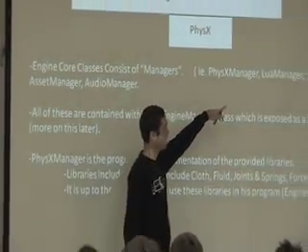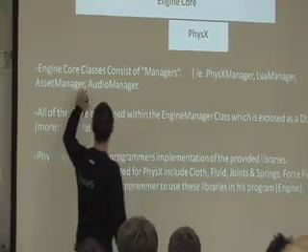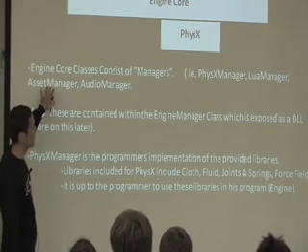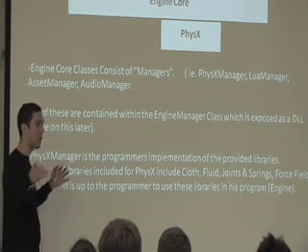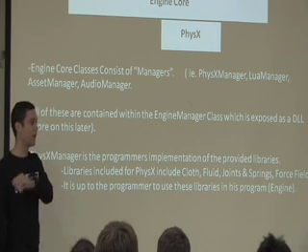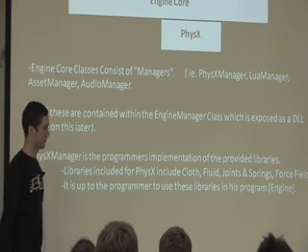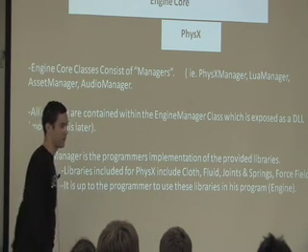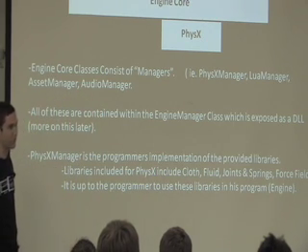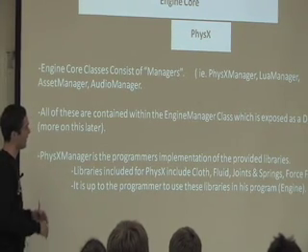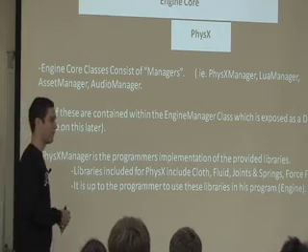For Lua, we have a Lua manager. And for assets, like 3D objects and all that, we have an asset manager that contains all of that stuff to iterate through if we want to iterate through all of our objects and tell them to render, things like that. And then we have, in the future, an audio manager, which contains sound objects for us to play. And really, it's just our implementation of the following stuff.